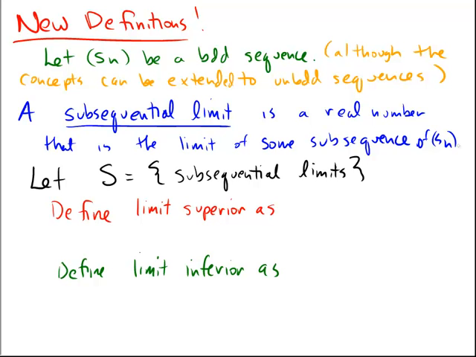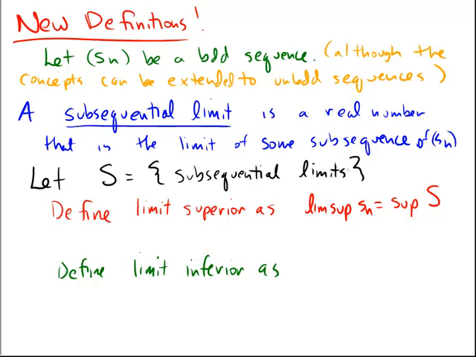Okay? If we let S, capital S, be the set of all subsequential limits that exist, then we will define the limit superior as lim sup of Sn, and this will simply be the supremum of the set S. So in other words, it'll be the largest subsequential limit that exists.